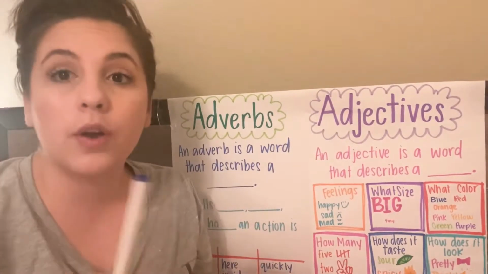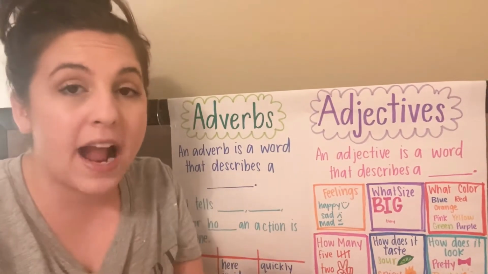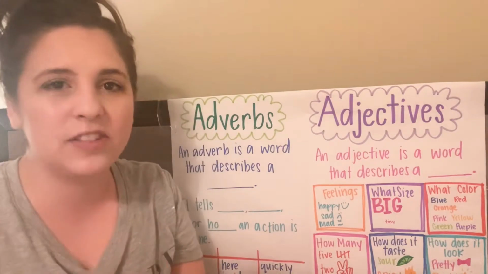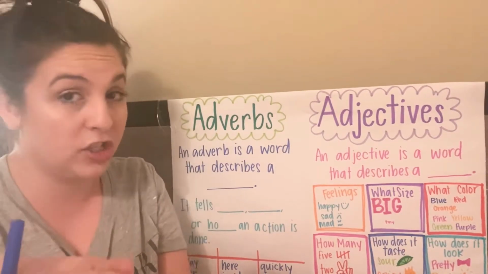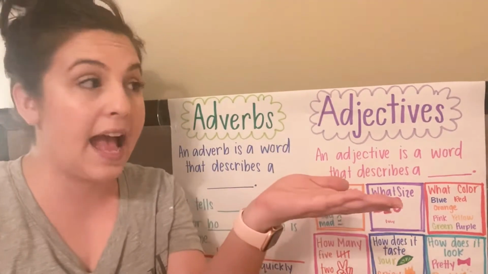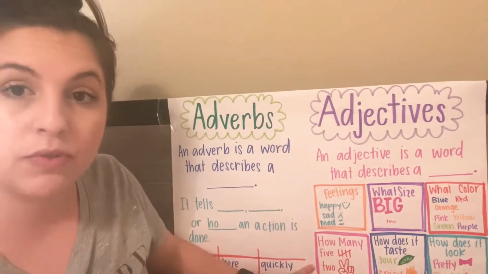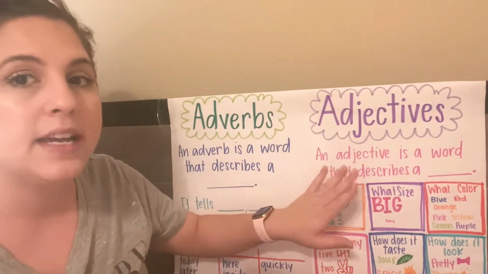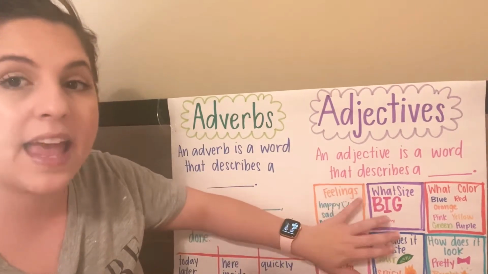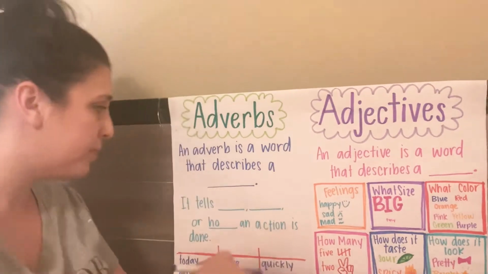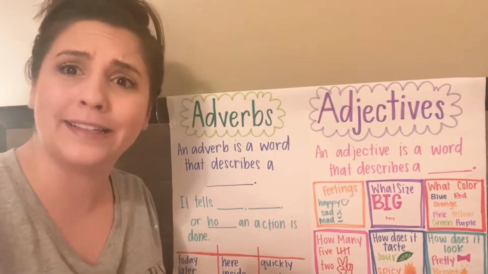All right, so today we're going to do a practice that is adverbs versus adjectives. So you're going to have to pick when a word is an adjective and when a word is an adverb. So I figured we could do a quick review over the two things, and then I'm going to take a picture of this anchor chart and put it up with your activity, if I can figure out how to do that.